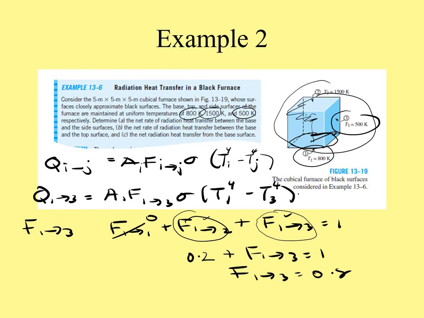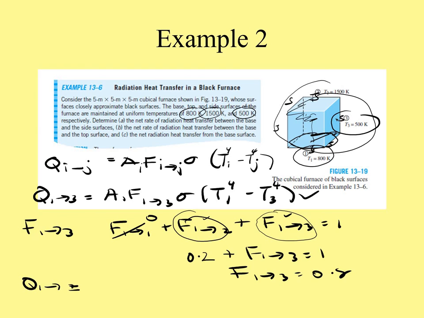Okay, so you can solve for this one: Q1 to 3 is equal to the area, which is 5 by 5, same as just now.